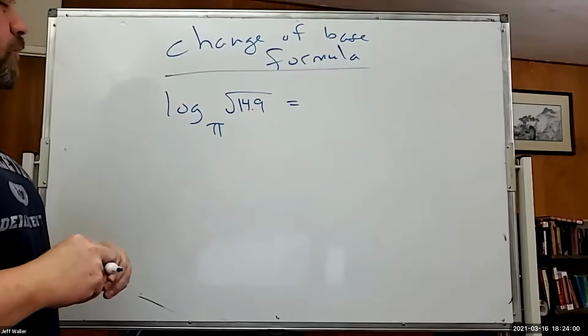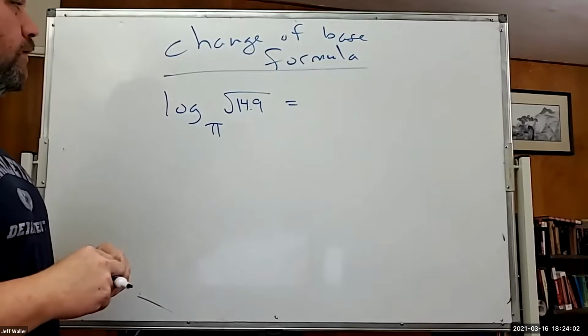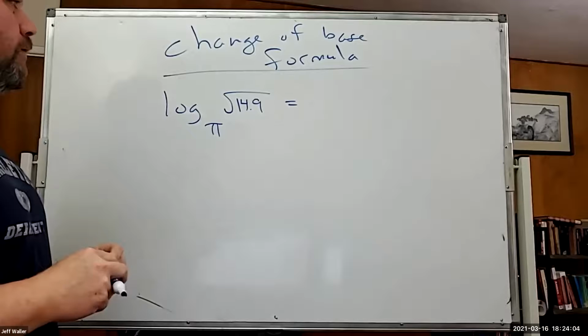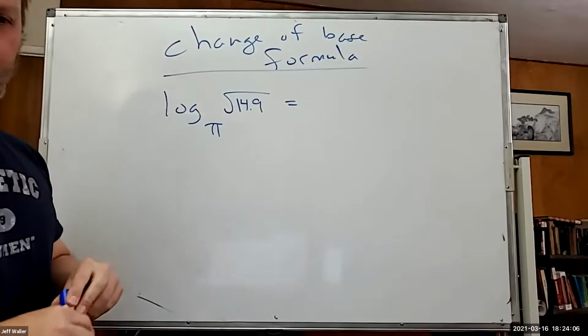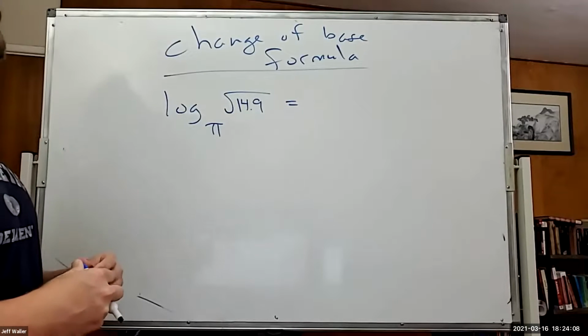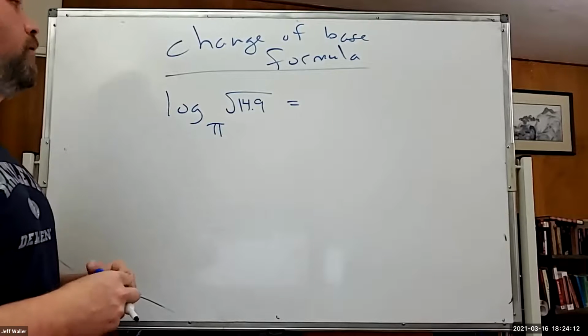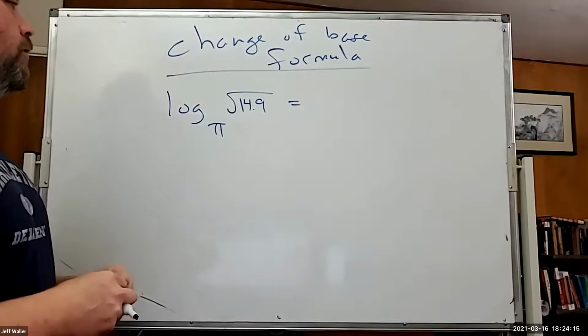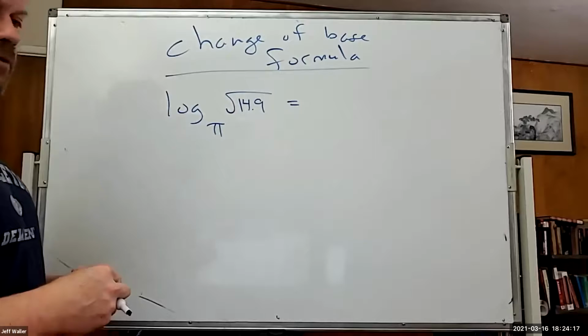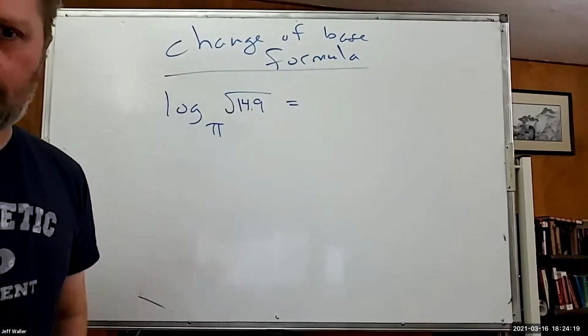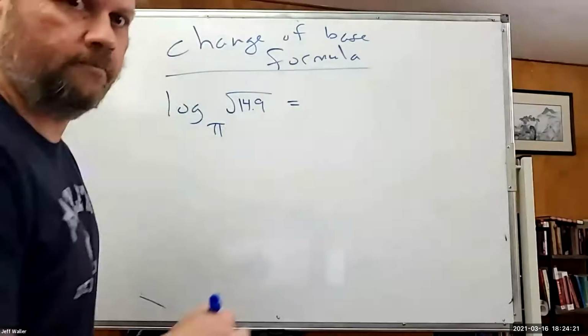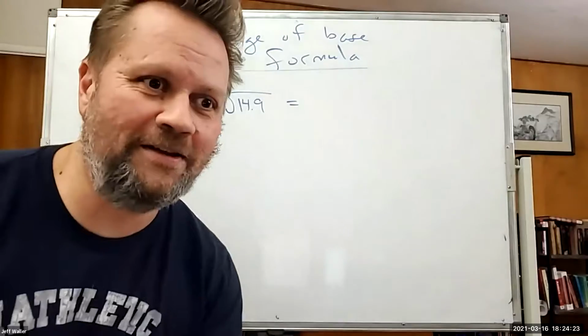My guess would be it's almost 1. That's neat. Square root of 14.9. How close is that to pi? It's probably a little more than 1. My guess would be 1.1. Probably way off. 1.18.